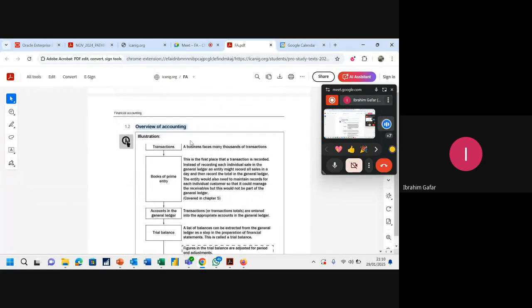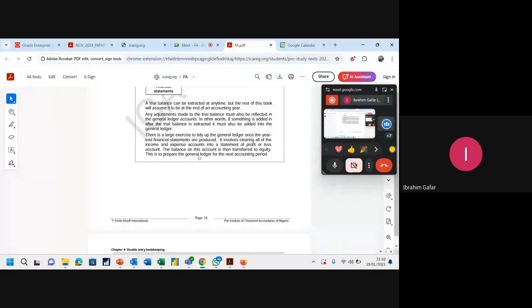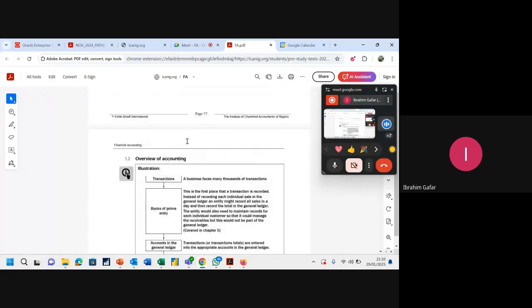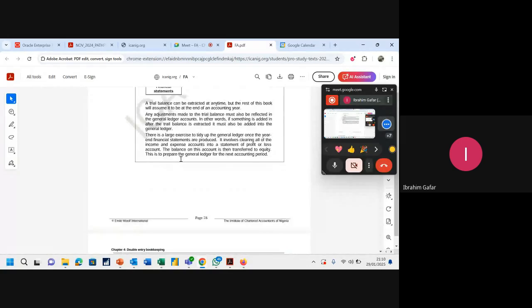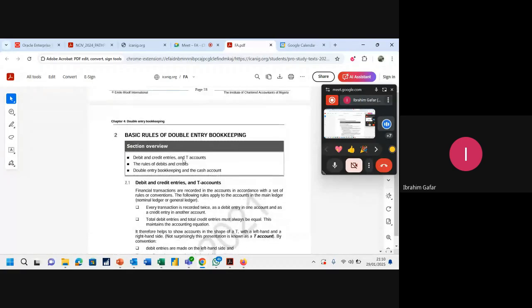So this is from transaction to book of prime entry, to accounting it in the general ledger, to trial balance, then to the financial statements. All of this is what accounting looks like in an overview, right? That's just the basic overview.